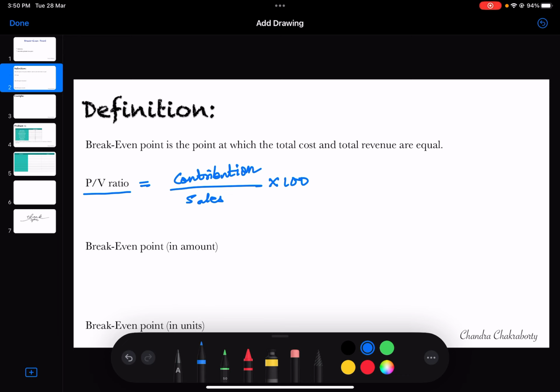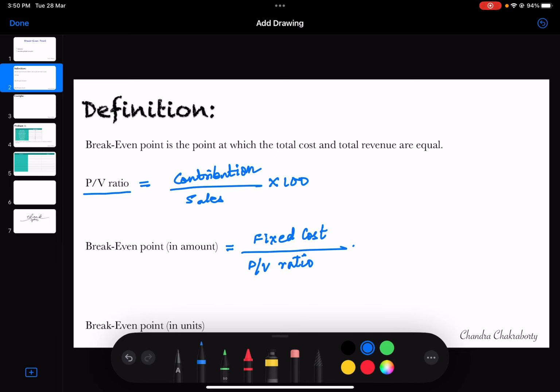Now let's come to break-even point in amount. If you want to calculate the break-even point in amount, how will you do that? Break-even point in amount is equal to fixed cost by PV ratio. If you do this calculation, you will be able to get the break-even point in amount.